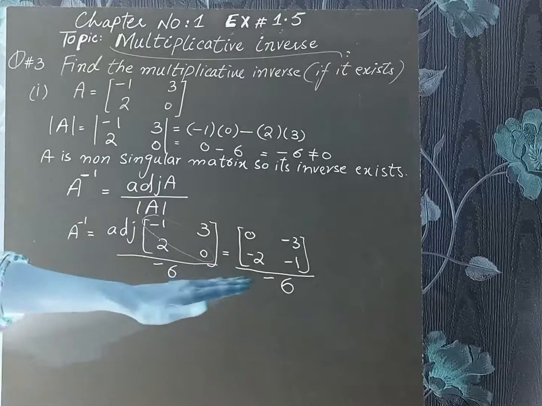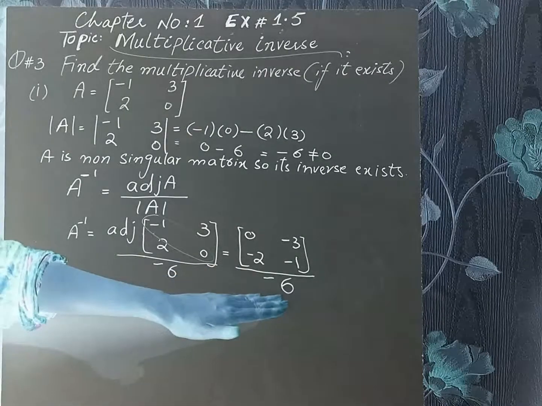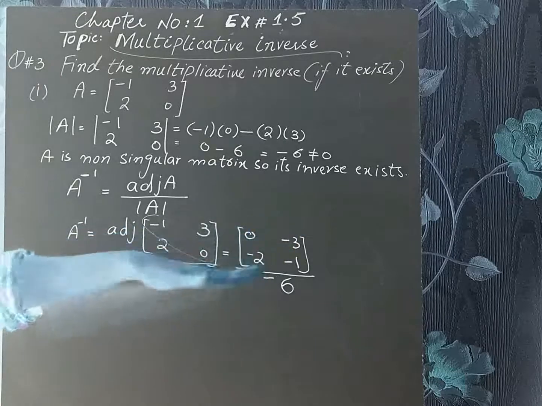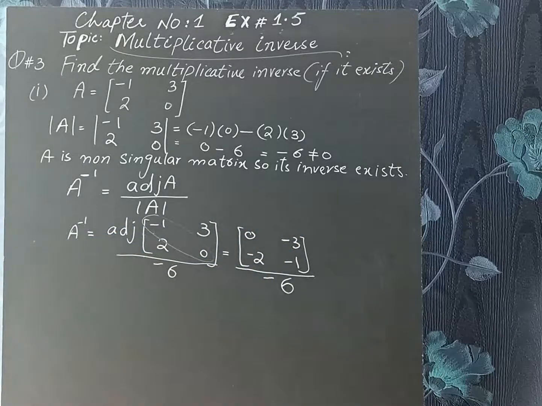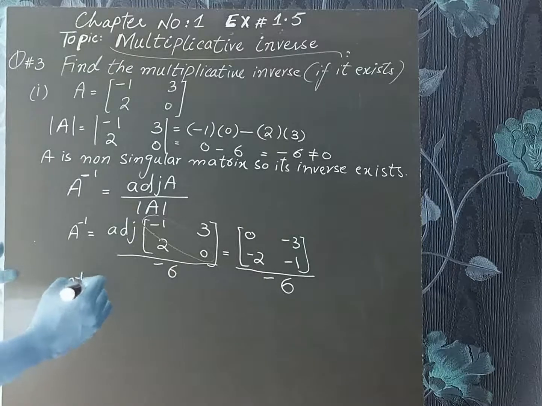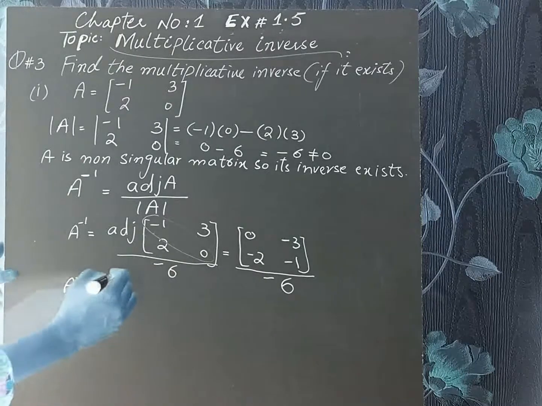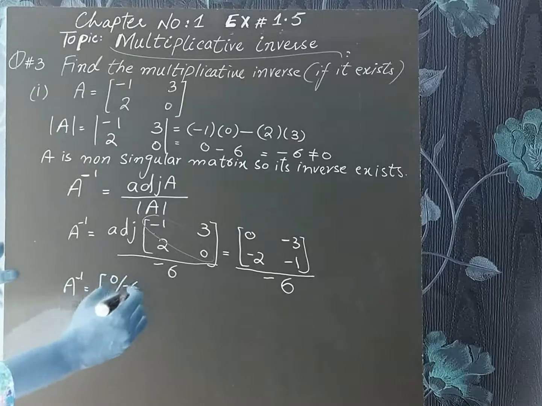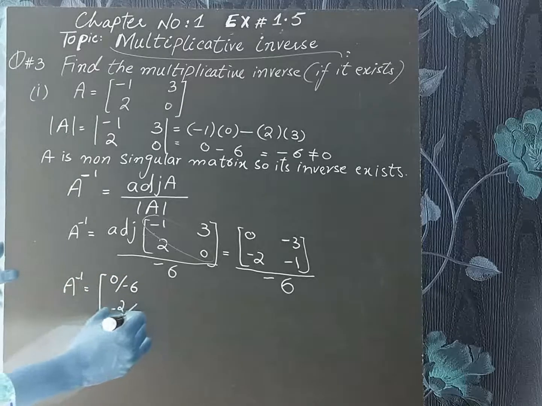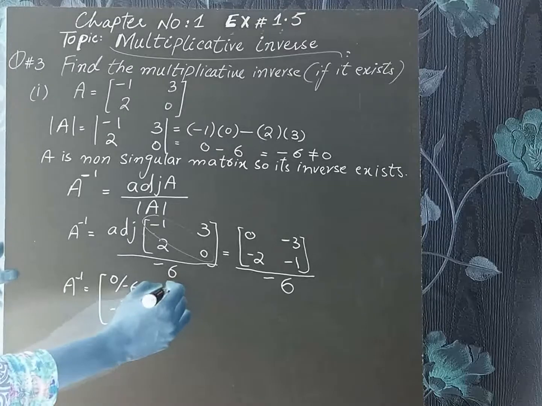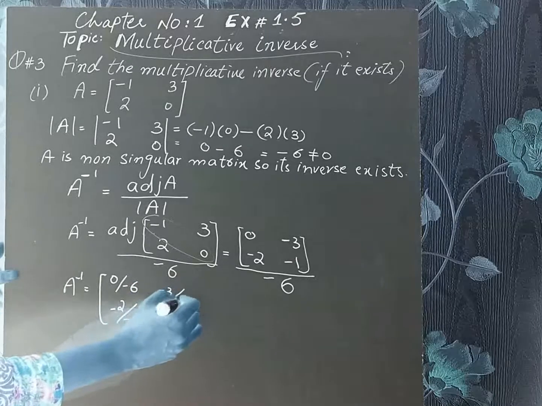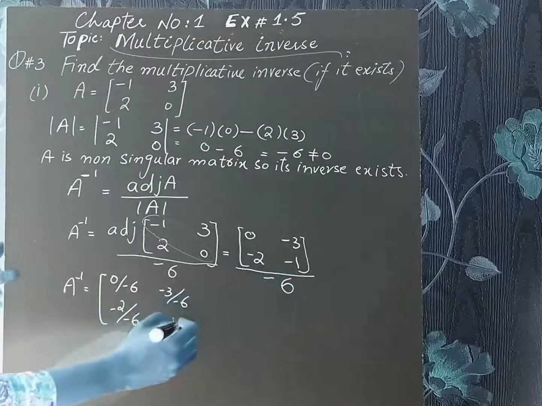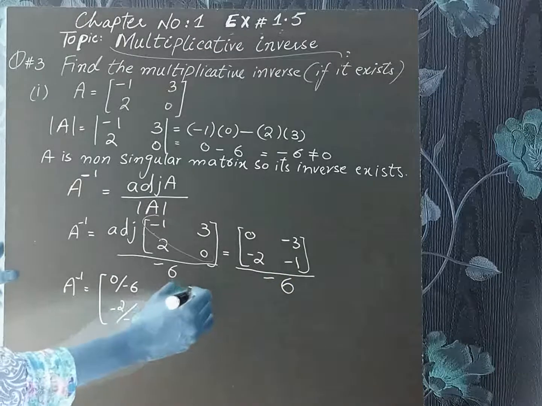Now here is a division. Divided by -6, it means we will divide all the entries by -6. So here are the 4 entries of the matrix. We will divide all the 4 entries. 0 divided by -6, -2 divided by -6, -3 divided by -6, and -1 divided by -6.